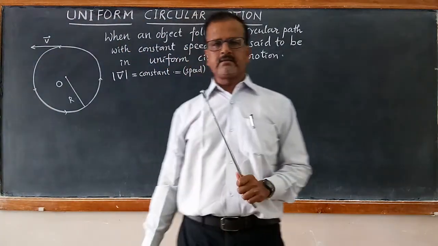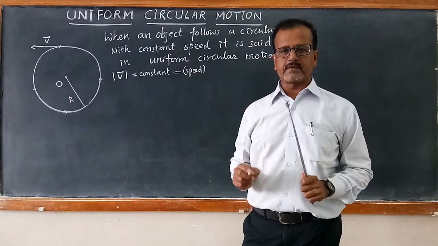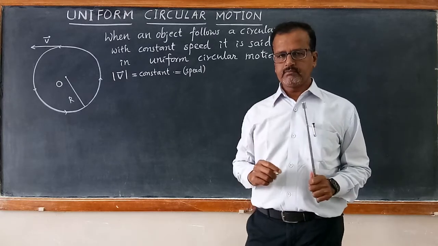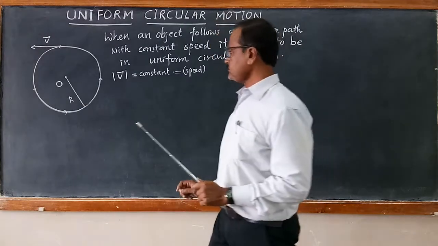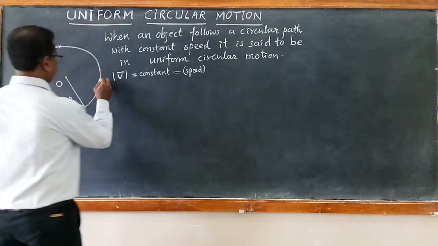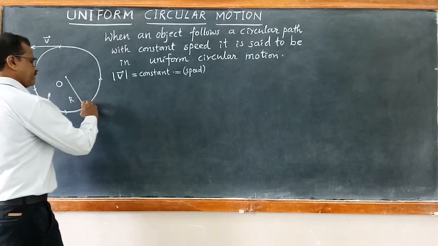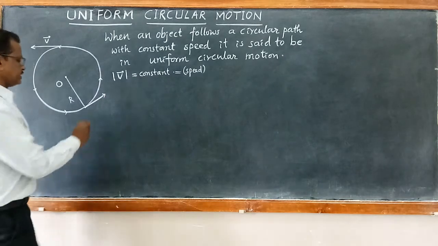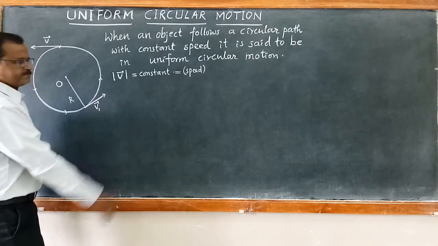Now, if you look at different positions of the particle undergoing uniform circular motion, at every point it has its own velocity. For example, if the particle is here and you draw a tangent at that point, it gives you the velocity v1 at this point.